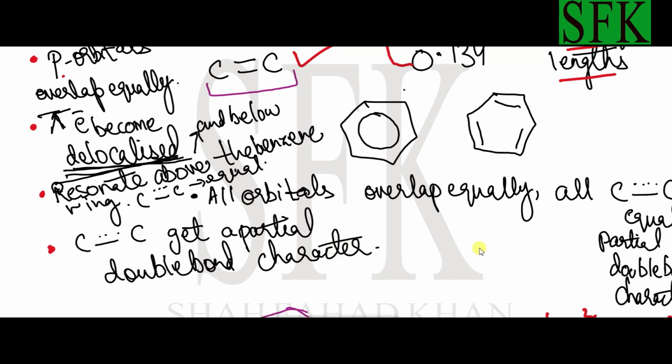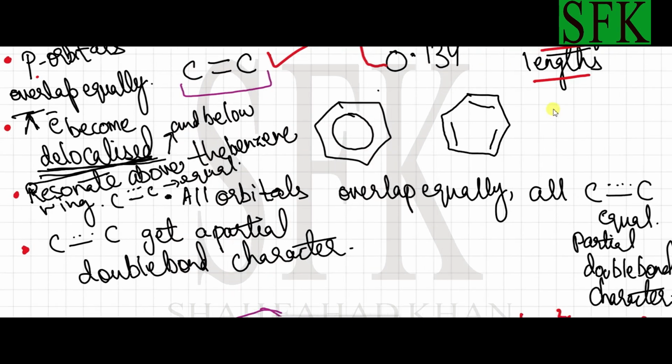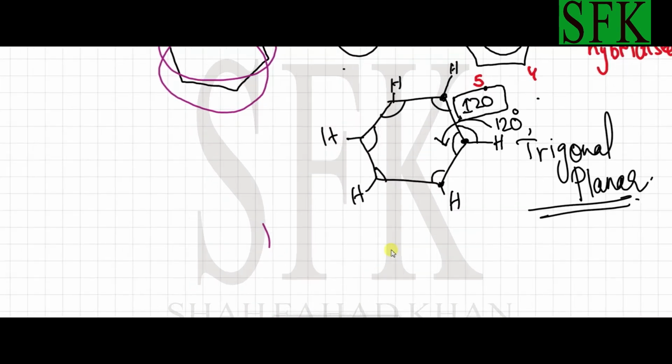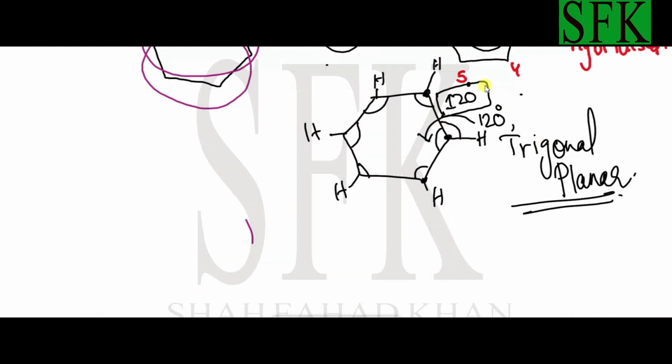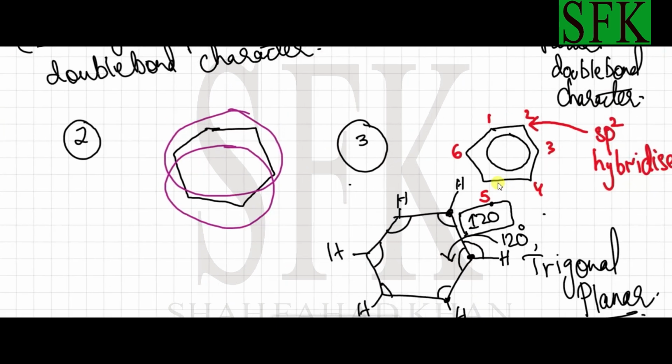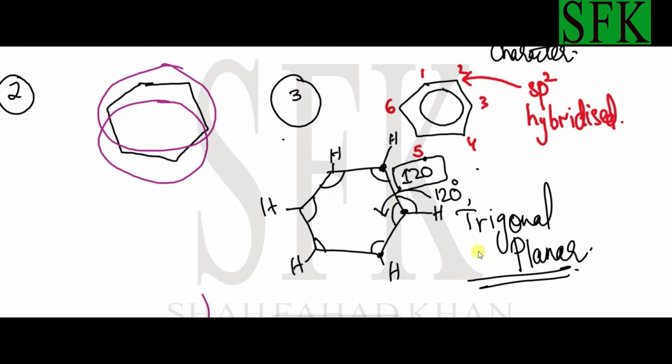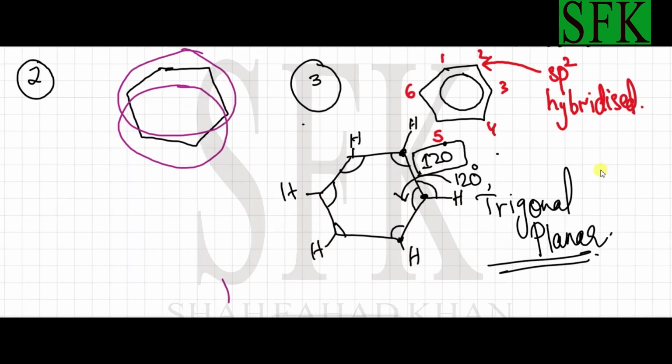Okay guys, so that's it on the structure of benzene and on the resonance hybrids of benzene. These values of bond angles are also important, the shape of benzene, which is trigonal planar, and the hybridization of carbon atoms is also important.